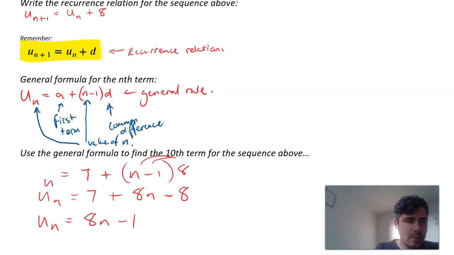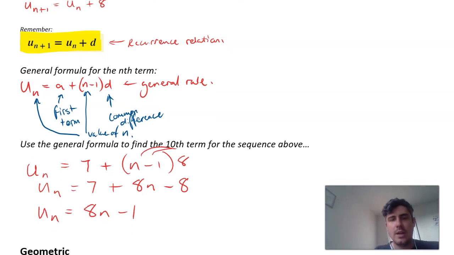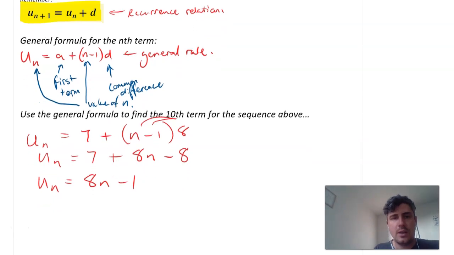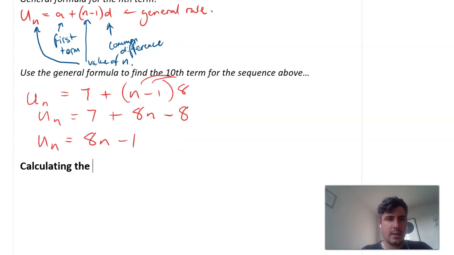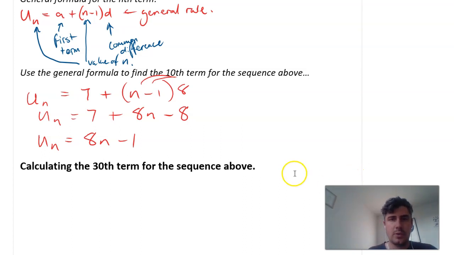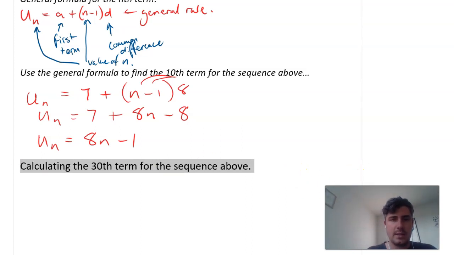And now this formula can be used to work out the nth term anywhere on the sequence. So if I wanted to find out the 30th term, for example, so calculating the 30th term for the sequence above, have a go now, pause the video and have a go at that one.